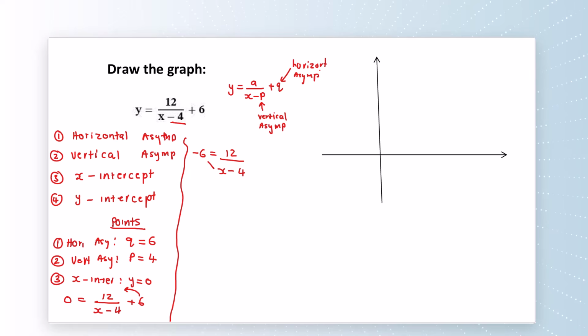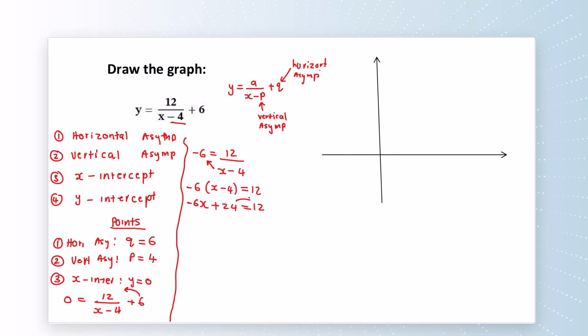Then what you want to do now is to cross multiply the x minus 4. Multiply the numerator on the other side of the equal sign. So you're going to have minus 6 into x minus 4 equals 12. Great. Now multiply. Minus 6 multiplied by x is going to be minus 6x. Minus 6 multiplied by minus 4 is going to be plus 24 equals 12.